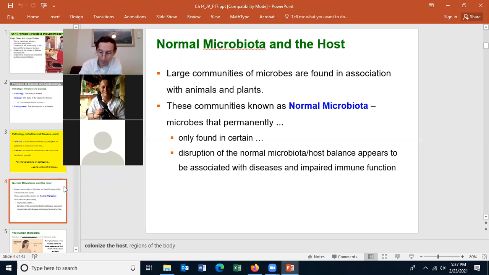Yeah, C. diff is something else. I'm talking about just a little bit off, where they got diarrhea or constipation. That's happened to me occasionally, and it happens to a lot of patients. It's just one of the side reactions of taking antibiotics.